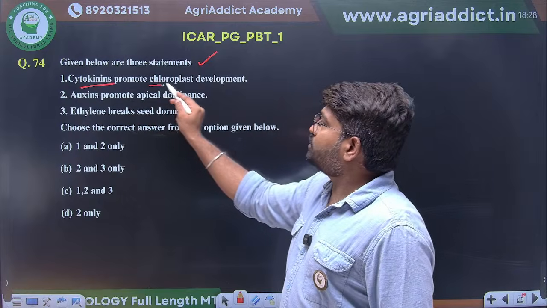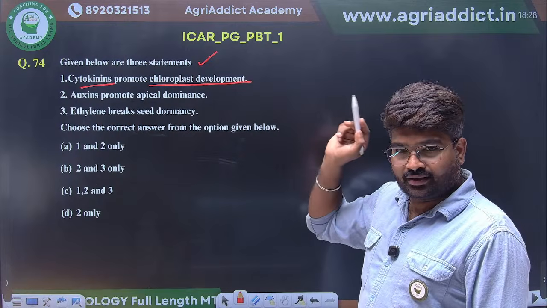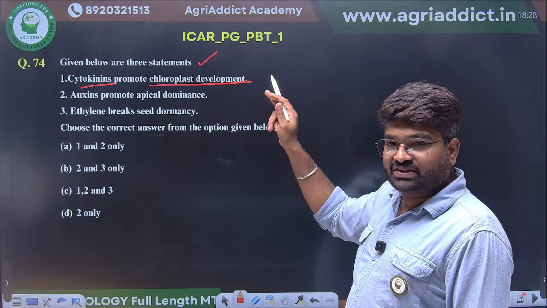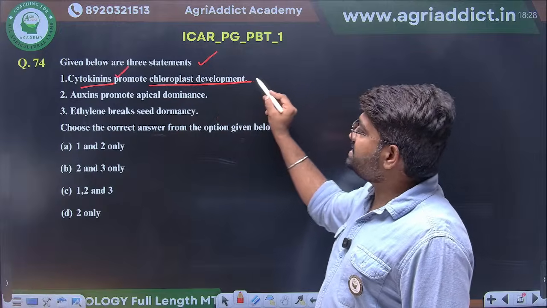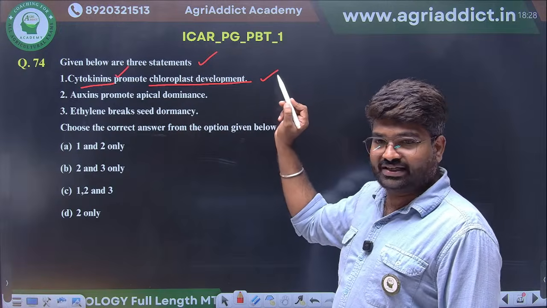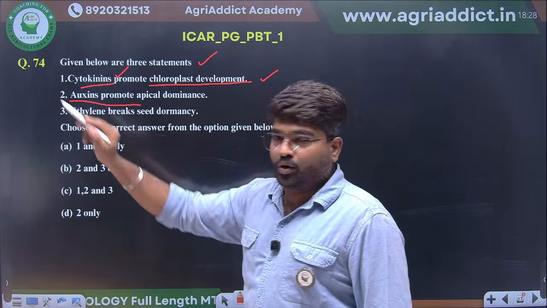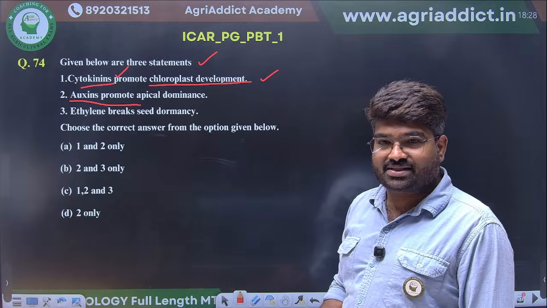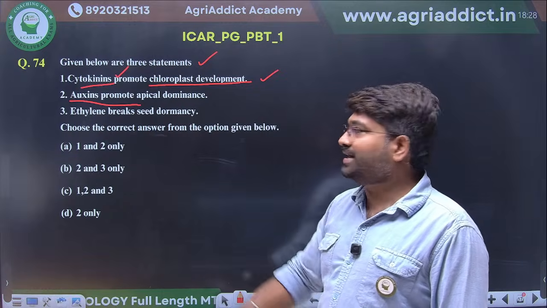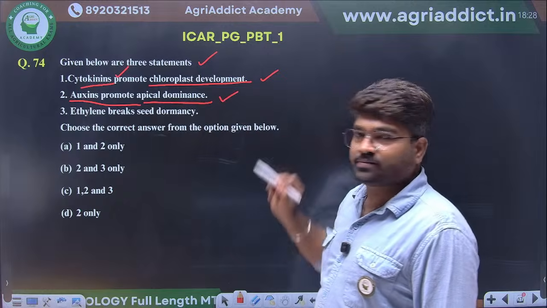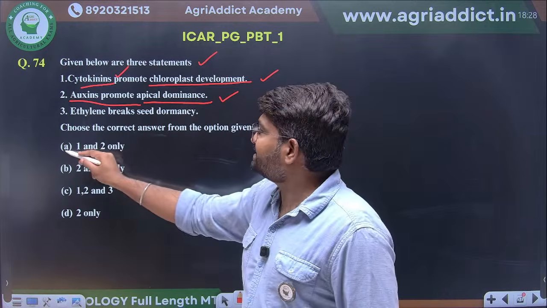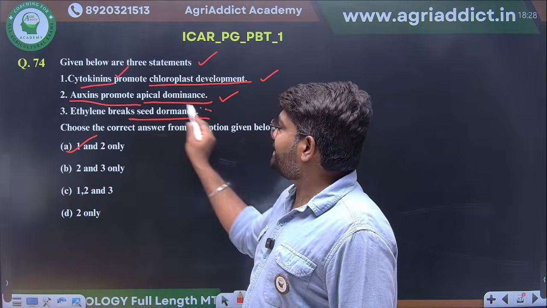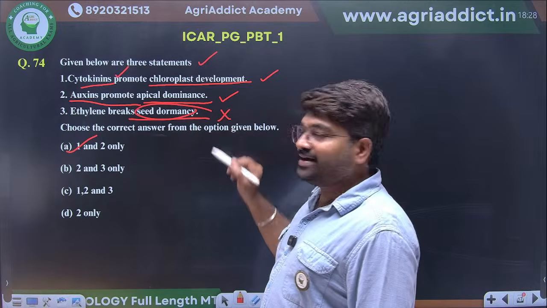Cytokinin promotes chloroplast development. This we saw during our lecture series itself. Auxin promotes apical dominance. This is also true. We have seen in our lecture. Yes, 1 and 2. Ethylene breaks dormancy. No. Then which hormone breaks dormancy?